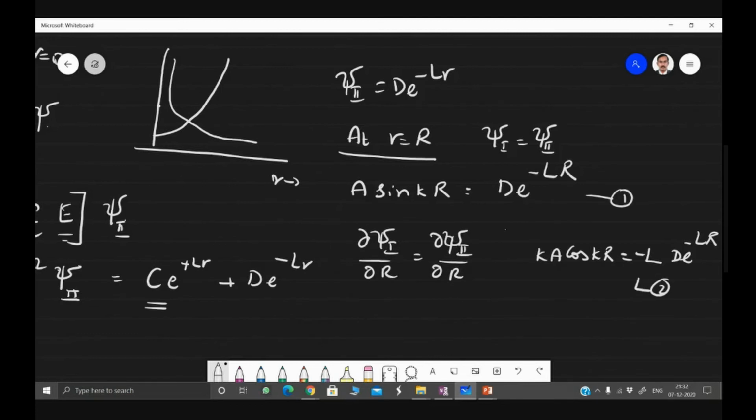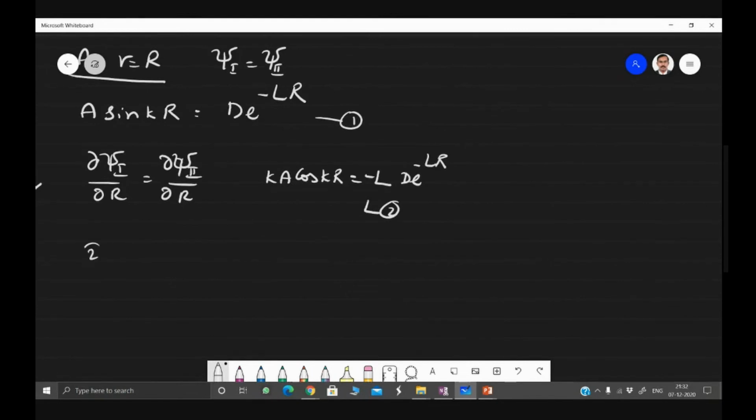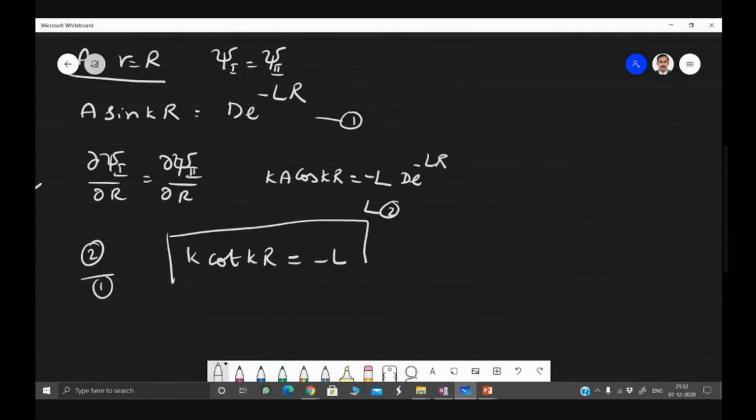If we divide equation 2 by 1, I get K cot KR is equal to minus L. You can check this by dividing equation 2 by 1.